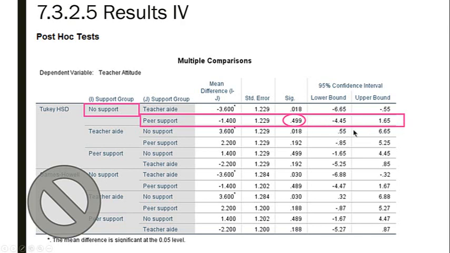And that's confirmed by the 95% confidence interval, which ranges from negative 4.45 to 1.65.